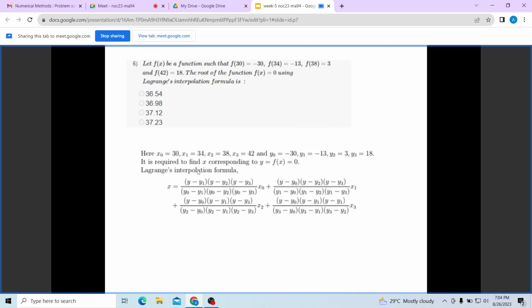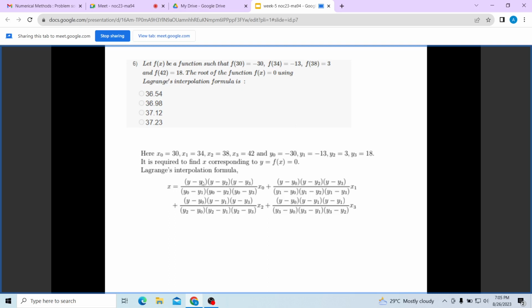Now it is required to find x corresponding to y equal to 0. You have to calculate the root of the function. So Lagrange's interpolation formula will be: x equals, since you have to calculate x value, keep it on the LHS, and where we used to use x, replace it with y.